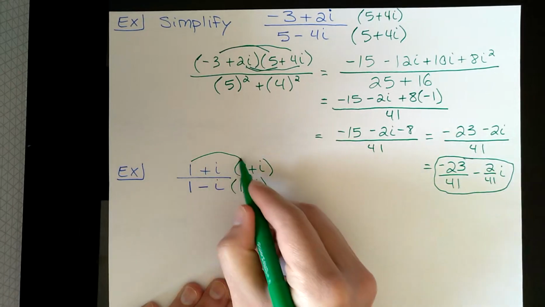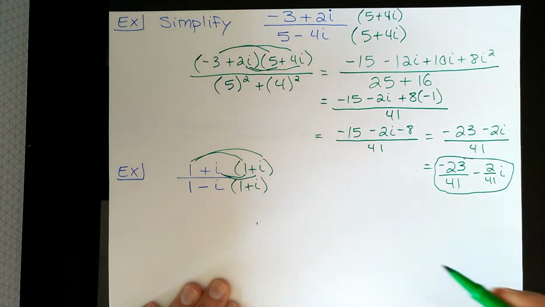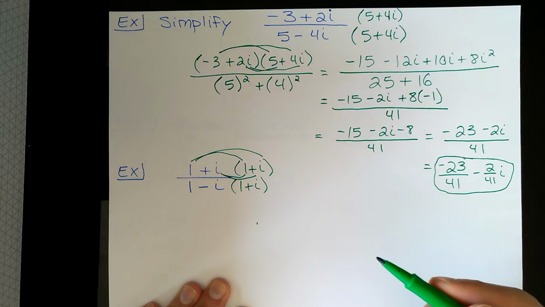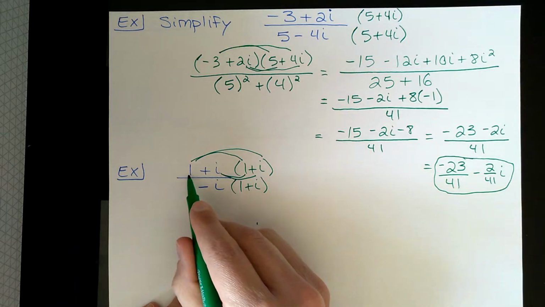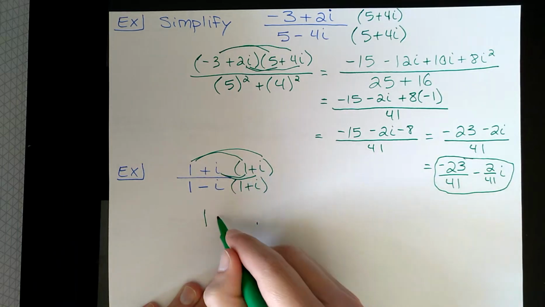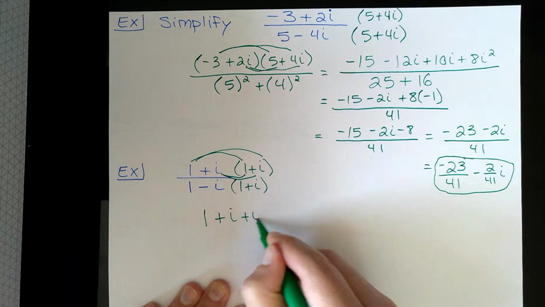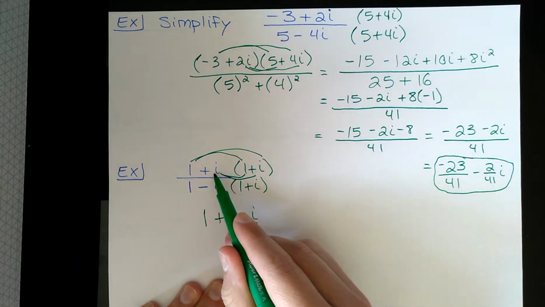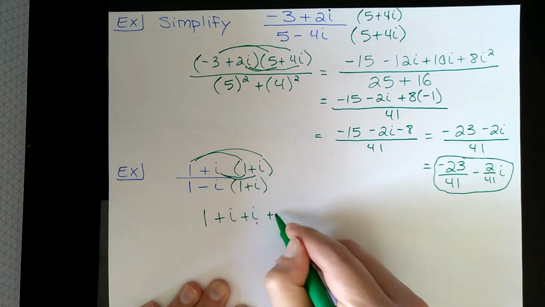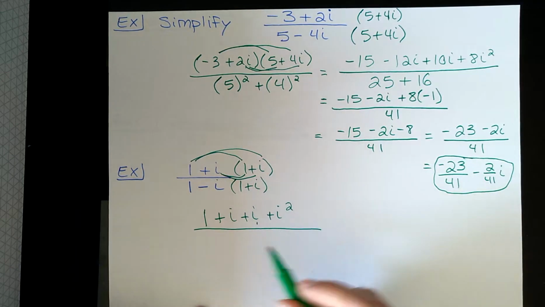When we do that, we're going to have to distribute this 1 and then distribute this i. So 1 times 1 will give us 1. 1 times i will give us plus i, i times 1 will give us plus i again, and i times i will give us plus i squared, and that's all over.